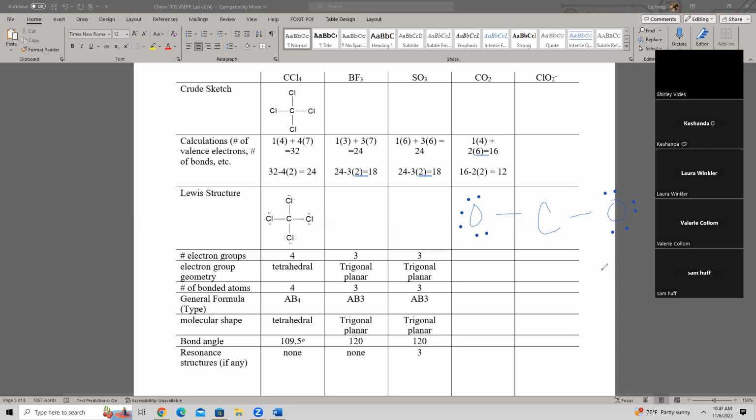Carbon's going, oh my Lord, you forgot me. We did. So we need to move a lone pair to make a double bond, and then count and see if we got enough. Okay, so far carbon has 6. No, not enough.